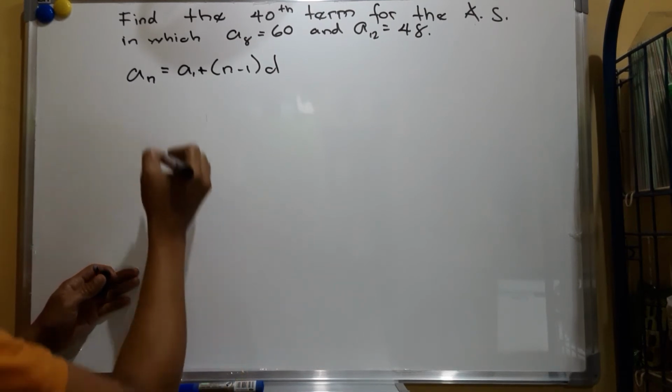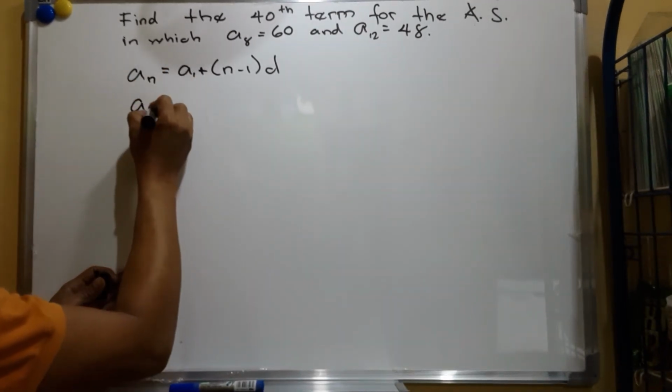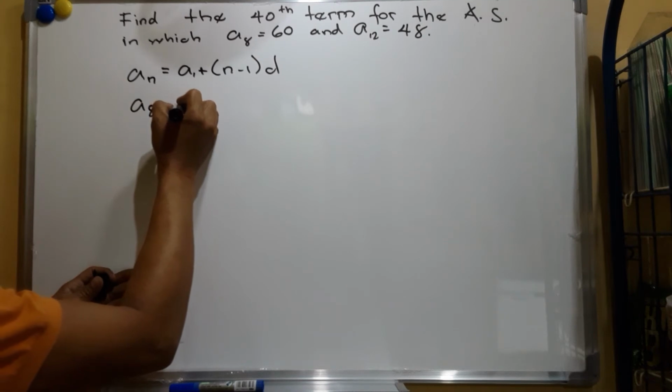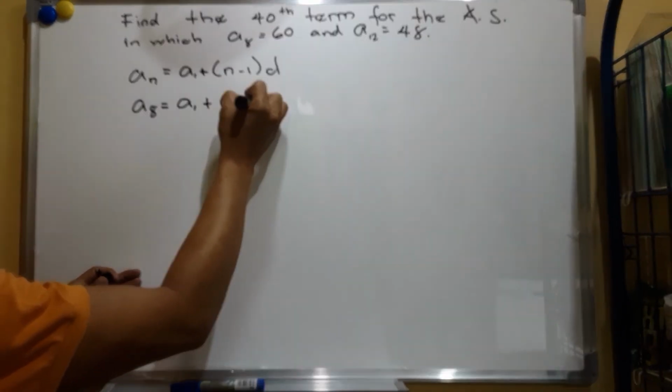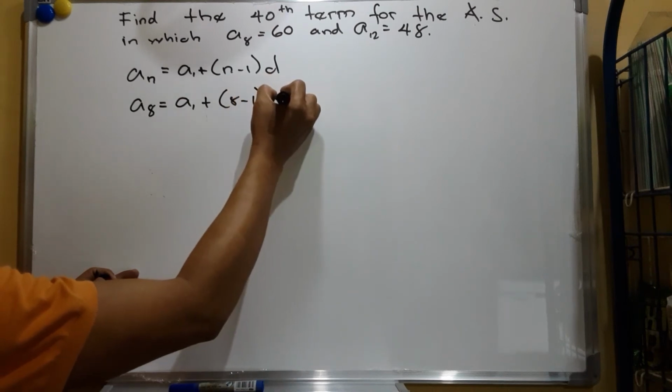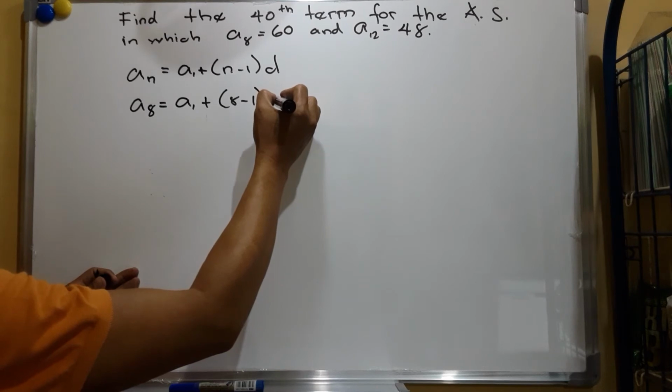So, first, a sub 8 is equal to a sub 1 plus 8 minus 1 times d.